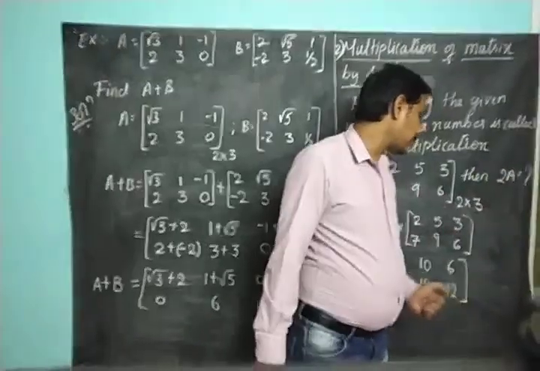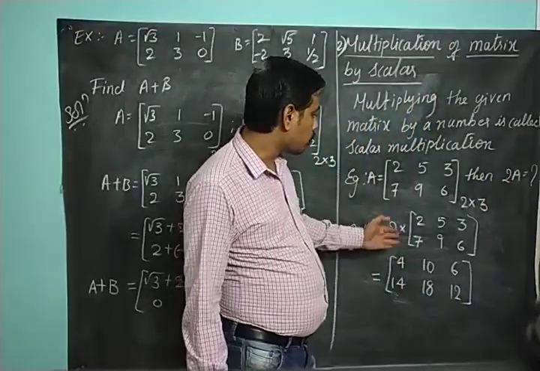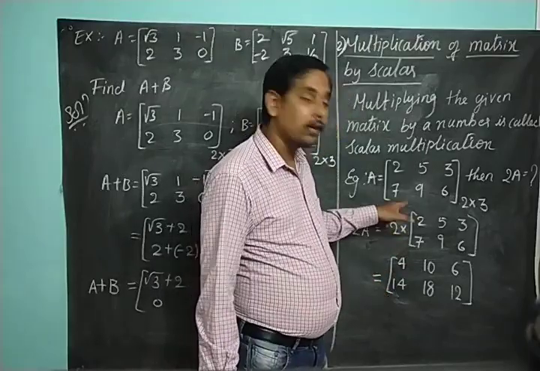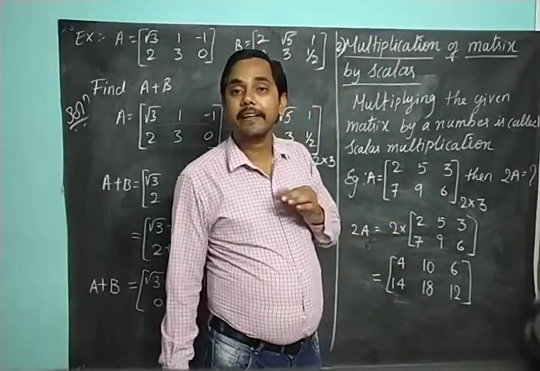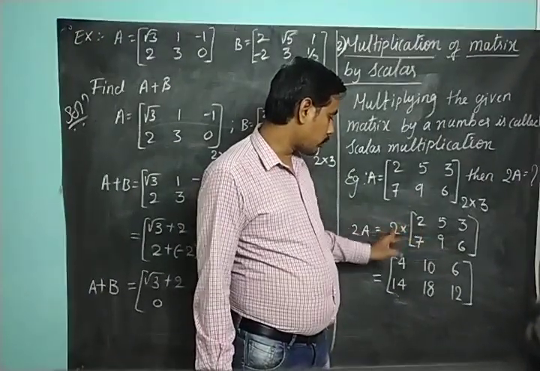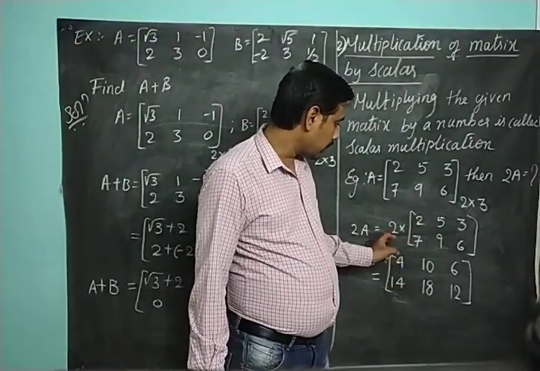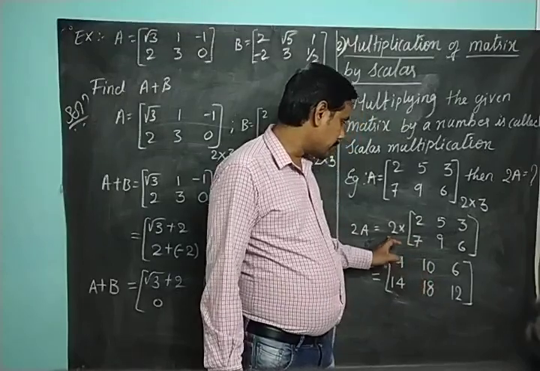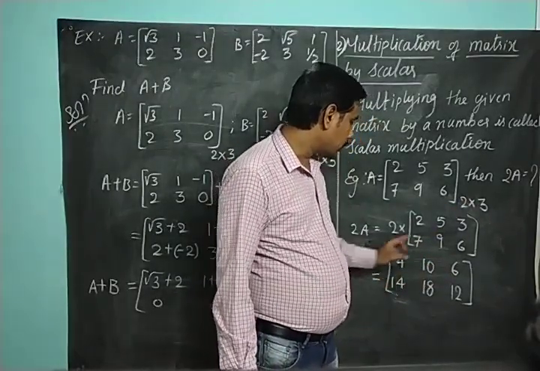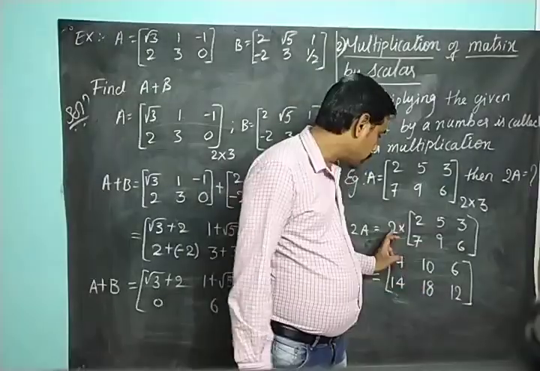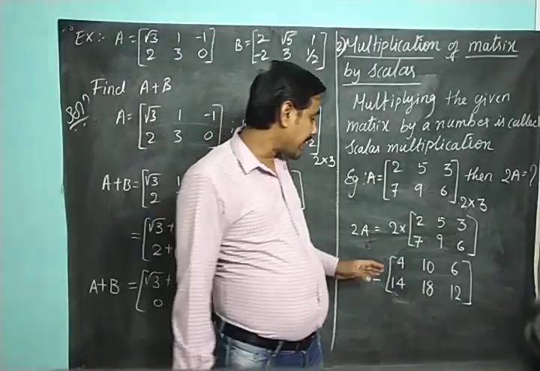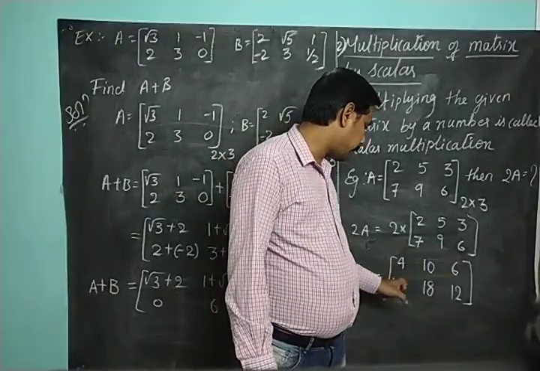Then what will be 2A? 2A is 2 into this given matrix. As per our condition, each and every element will get multiplied by 2. So 2 into 2 is 4, 2 into 5 is 10, 2 into 3 is 6, 2 into 7 is 14, 2 into 9 is 18, 2 into 6 is 12. So you can see 4, 10, 6, 14, 18, 12.